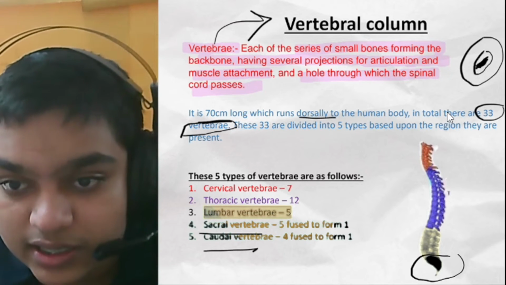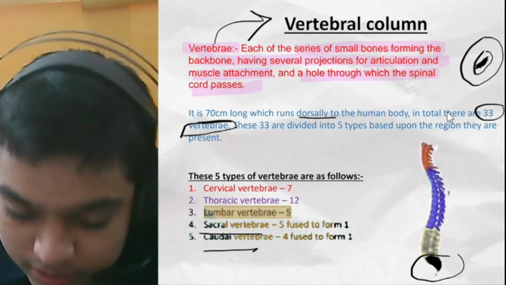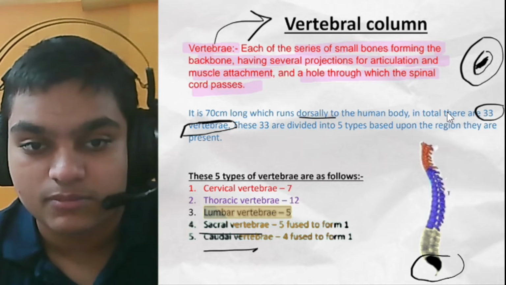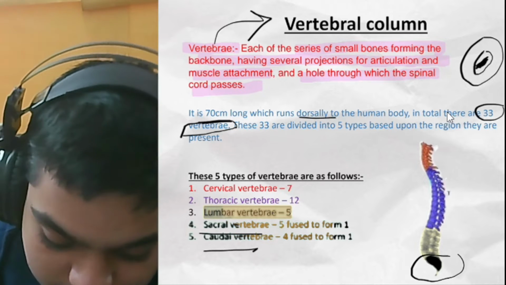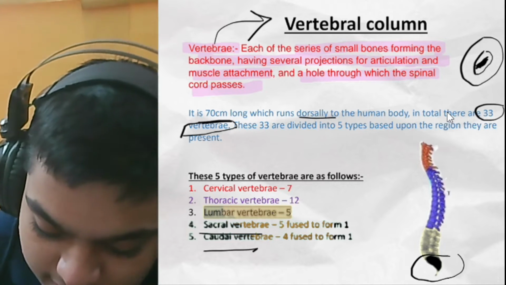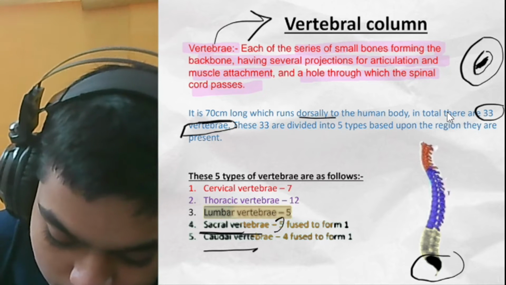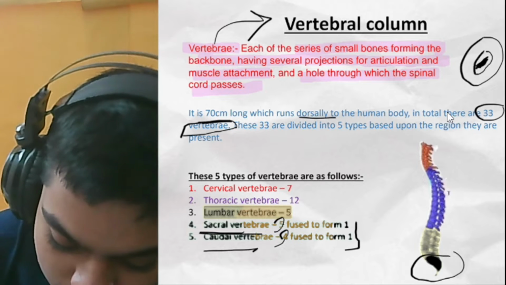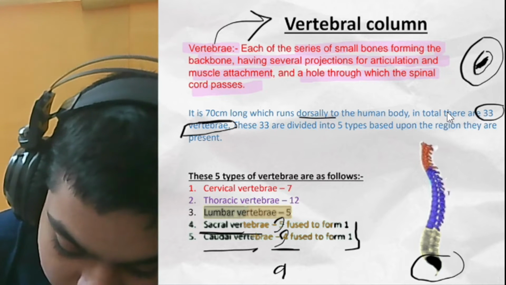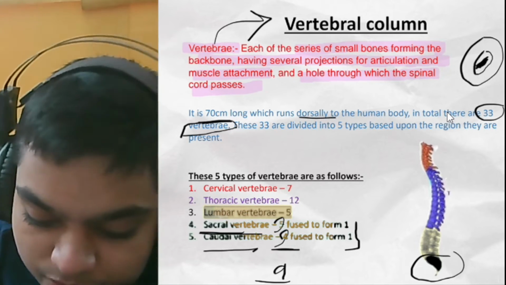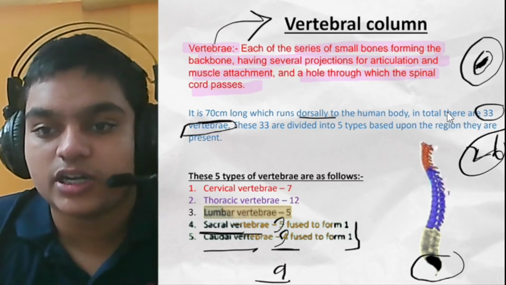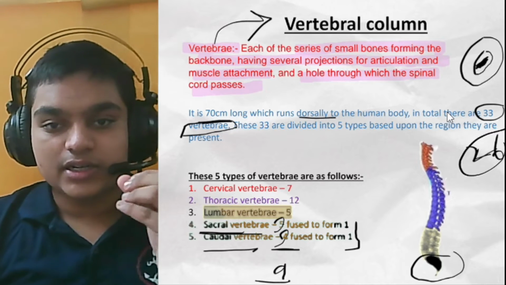It is actually green in color, but because of the green screen it has appeared like this, so please don't mind. The sacral vertebrae are 5 and the caudal vertebrae are 4. These are fused to form 1 each, so here there are 9 vertebrae. If you subtract 9 from 33, you get the original number I told you in the introductory class about the axial skeleton.